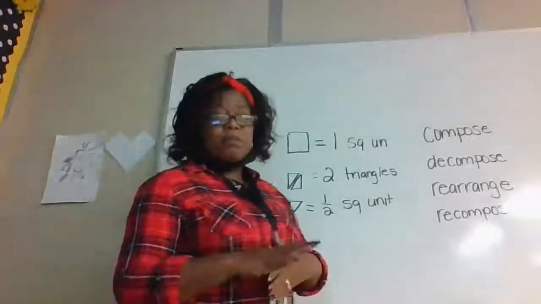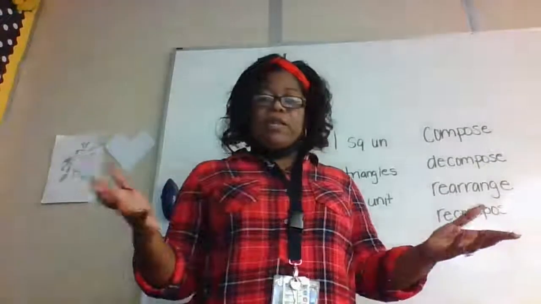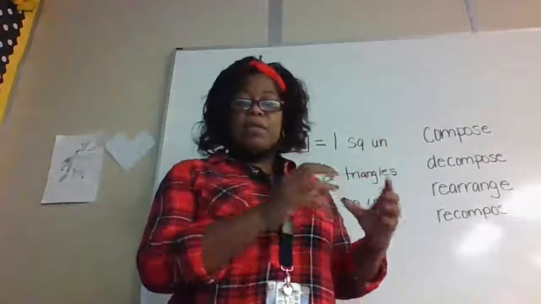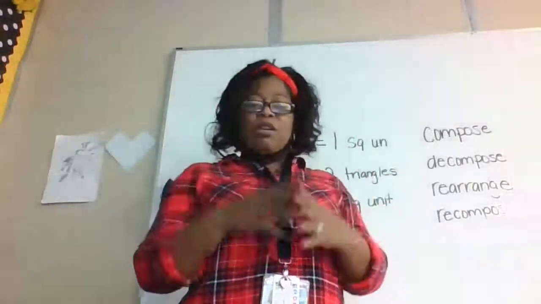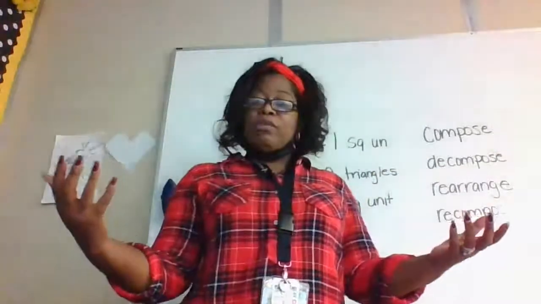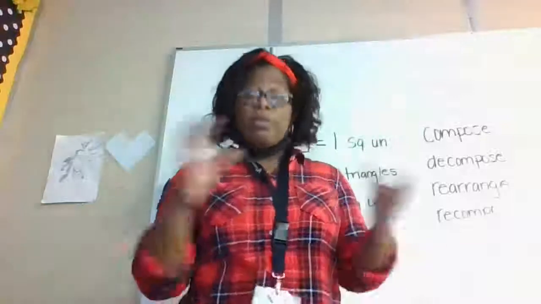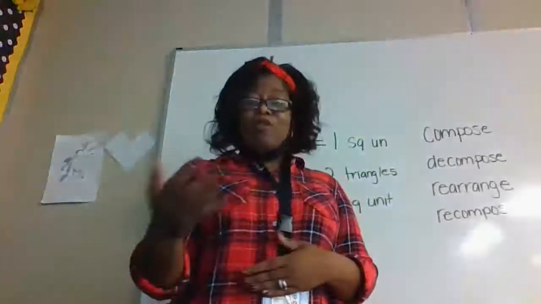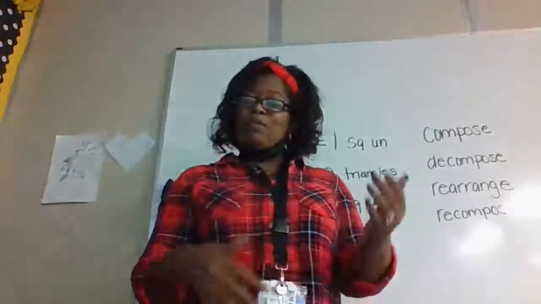And then rearrange is pretty cut and dry: we take something and move it from one space to another. So as a review, compose, we put it together. Recompose, we put it together. Decompose, we pull it or break it apart. And rearrange, just move it around.